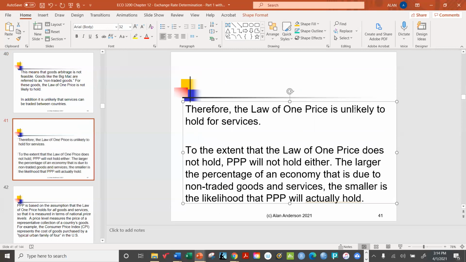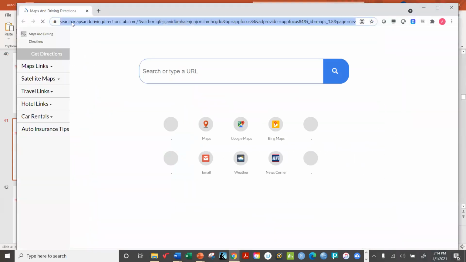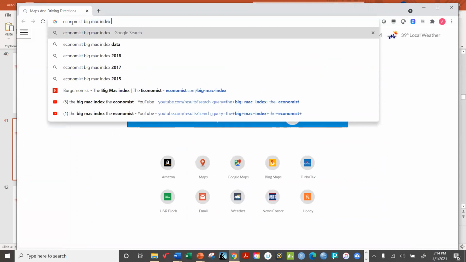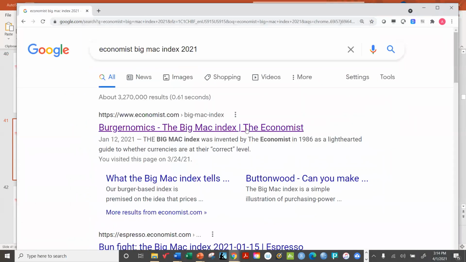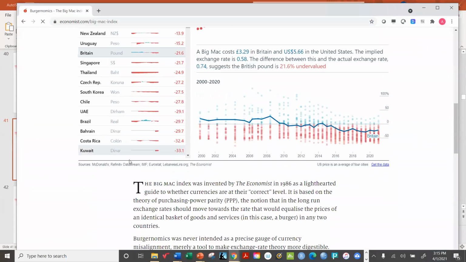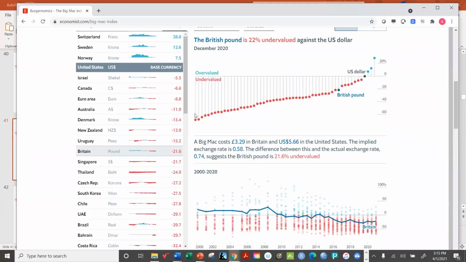In fact, if you go to the Economist website and look at the Big Mac index, what they've done is take all the different countries and figure out what the prices of Big Macs are in these different countries and what they should be based on the current exchange rates.